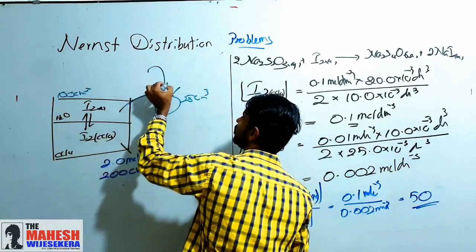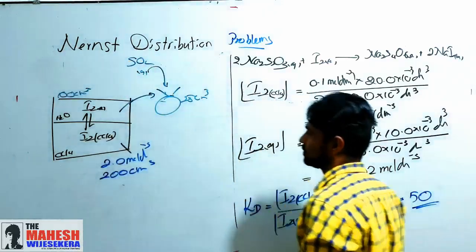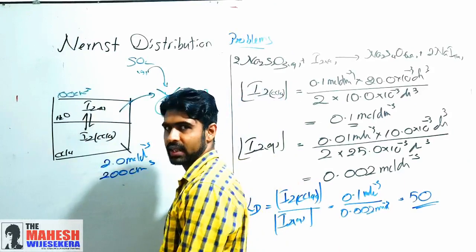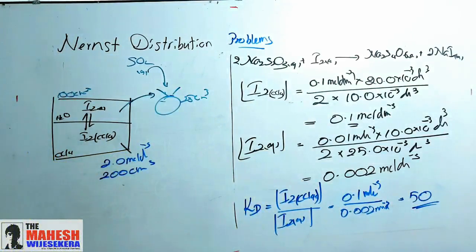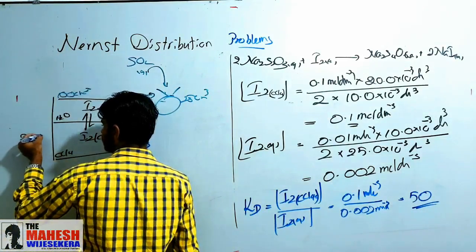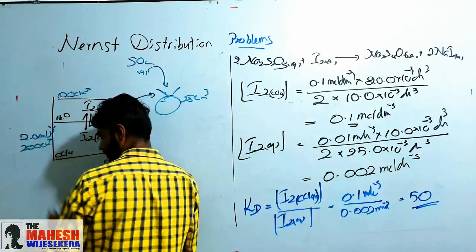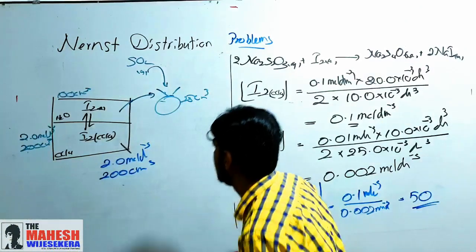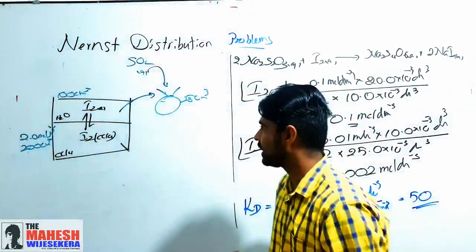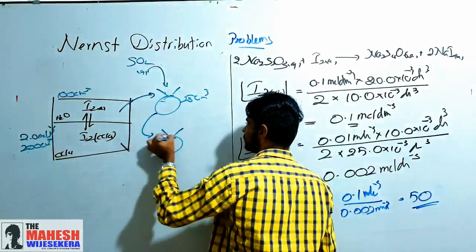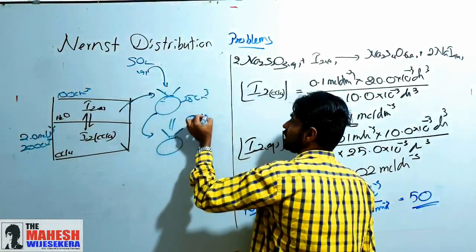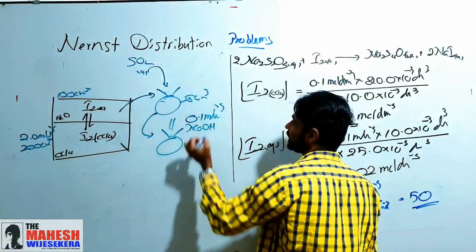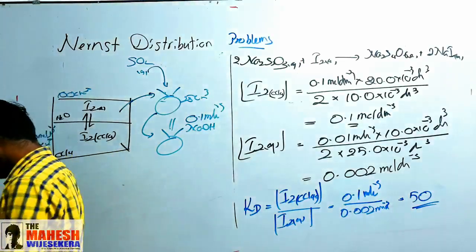The resulting solution was titrated against 0.1 moles per cubic decimeter sodium hydroxide.